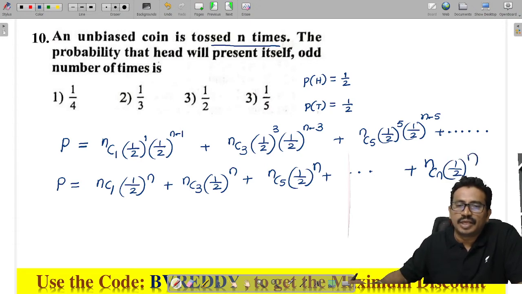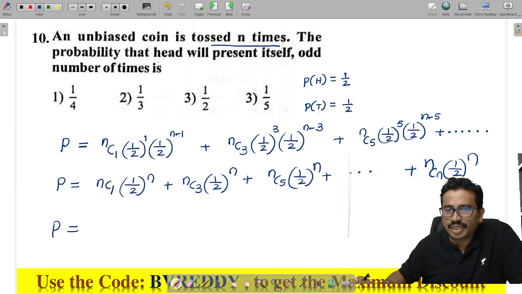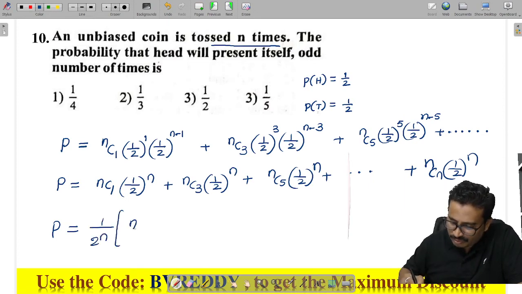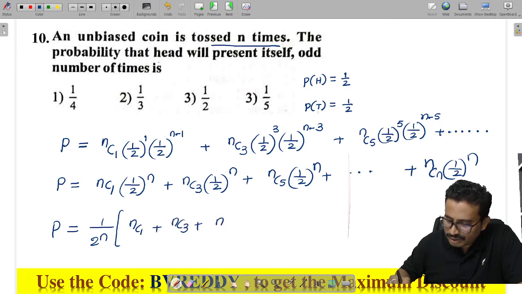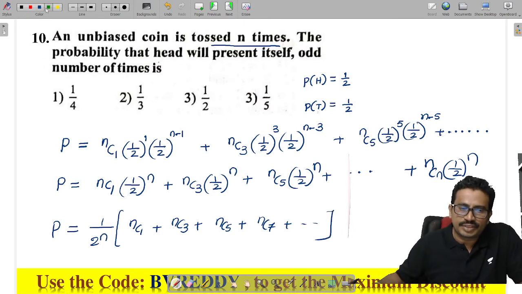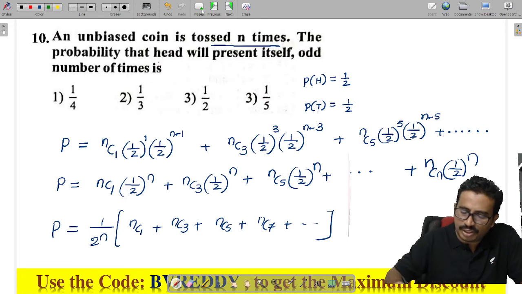Since I need the odd terms, that's why we got it like this. If you see carefully, 1 by 2 power n is common. So it will come as nC1 plus nC3 plus nC5 plus nC7, like that, the sum of odd binomial coefficients.